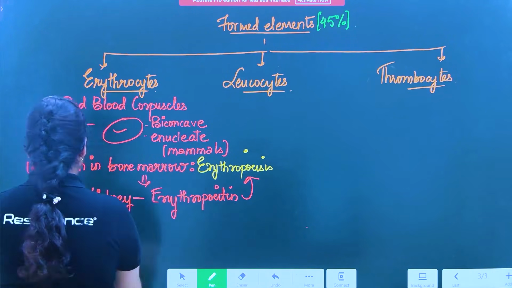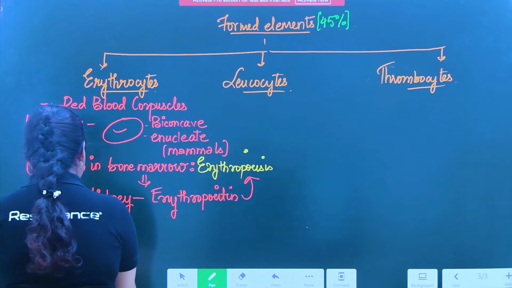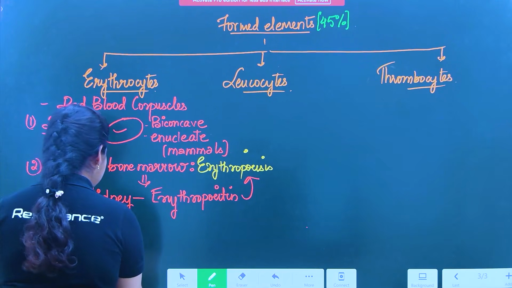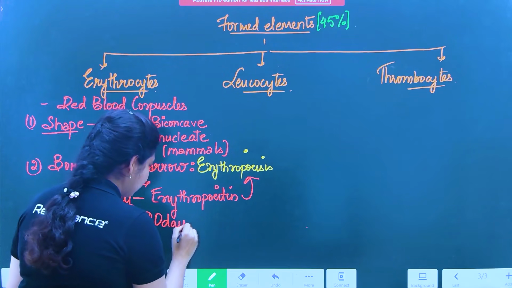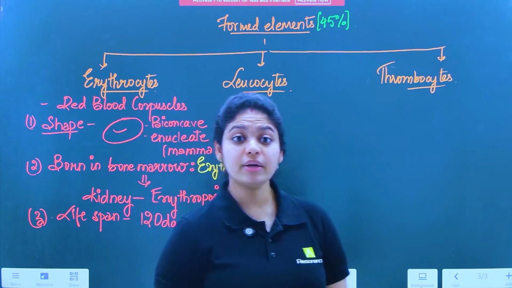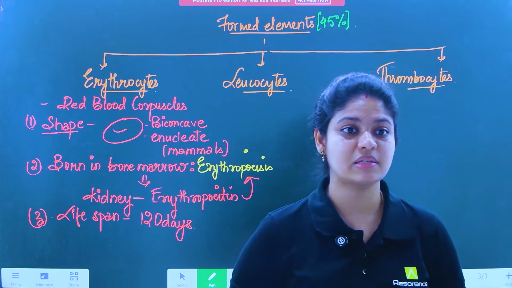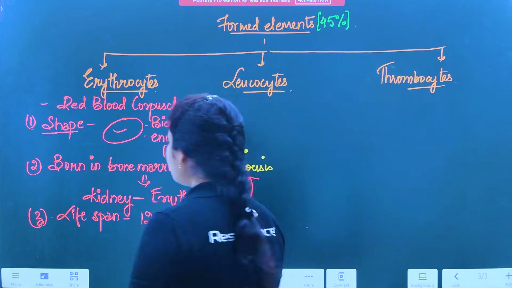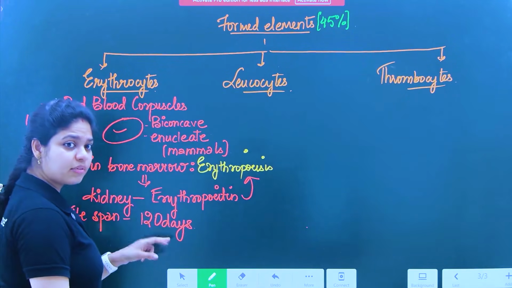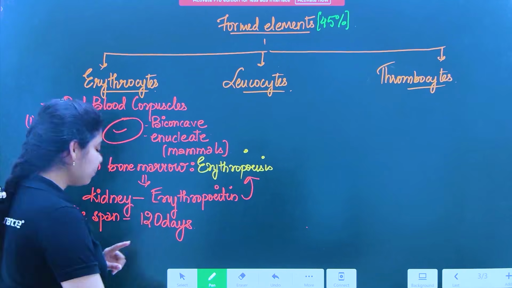Next, third point. So they are born. So coming to their lifespan, one RBC can survive for 120 days. Now it is born, it is surviving, obviously it has to die, right?